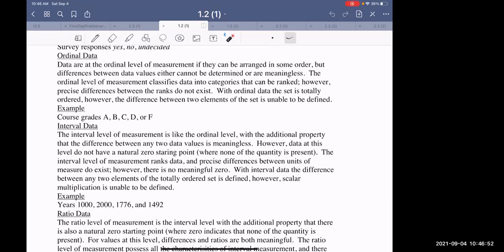And again, the year 2000 is not 25% more than the year 1,500. Scalar multiplication doesn't make any sense in this case.